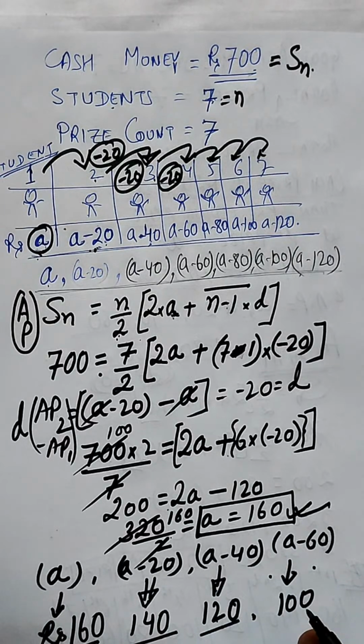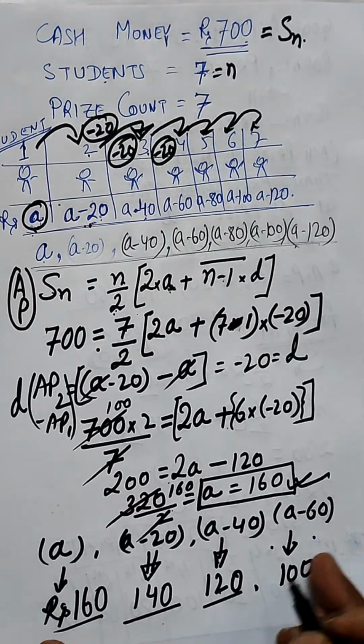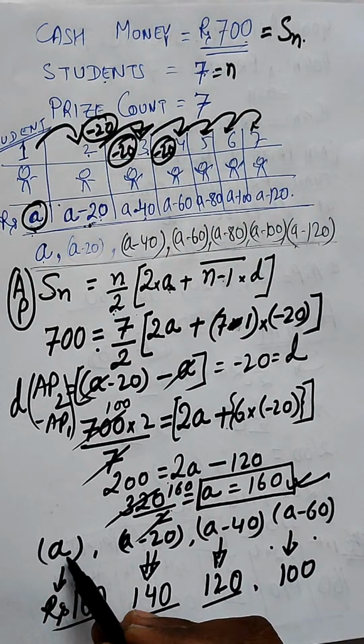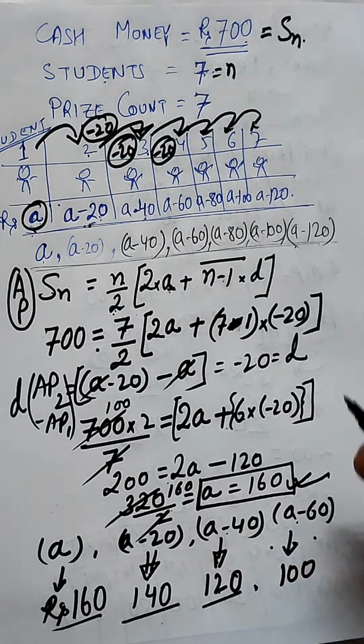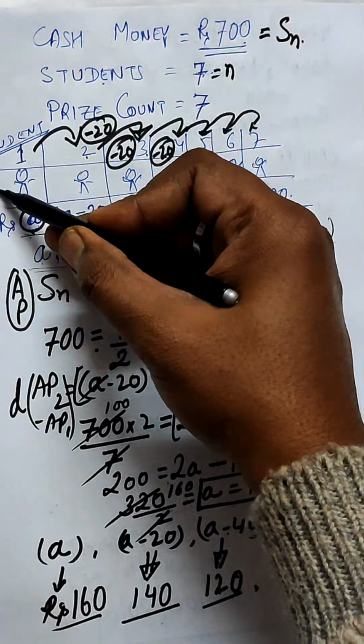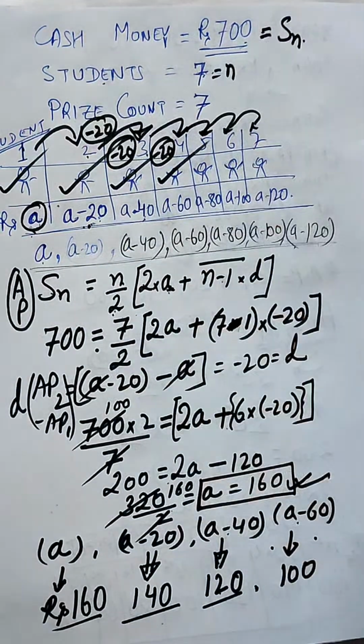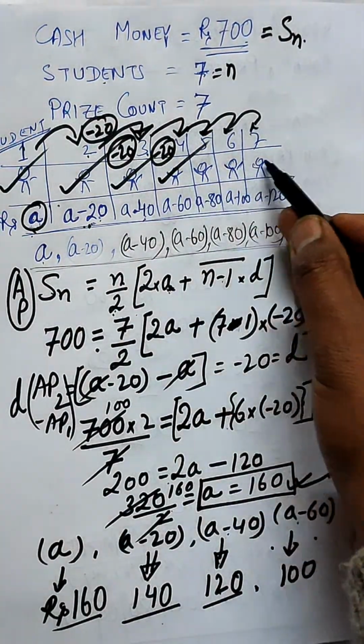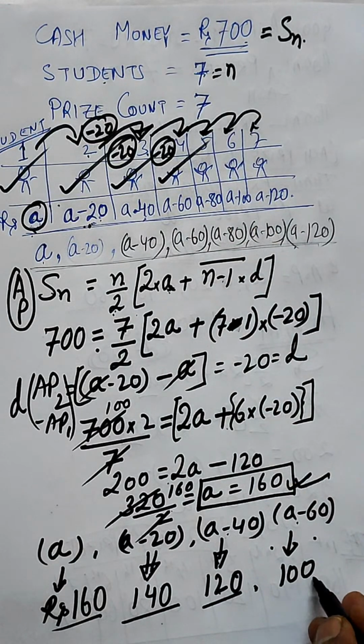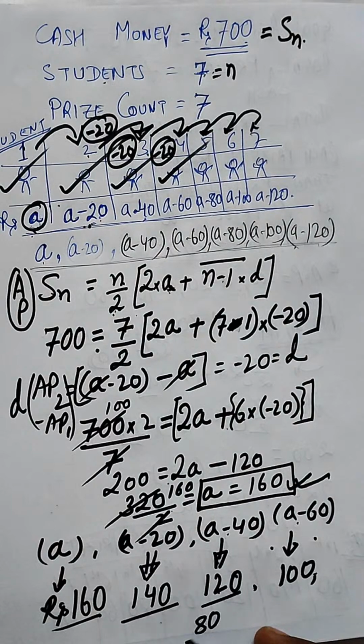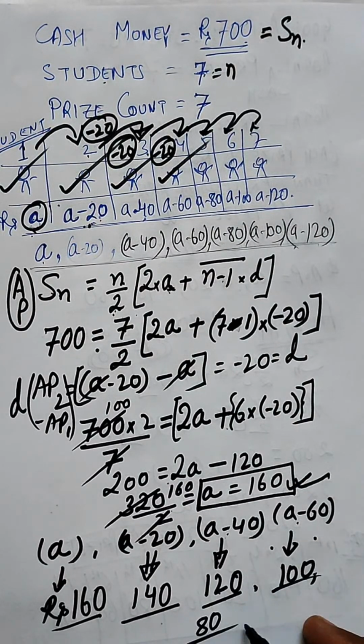And what is the balance money? Balance to students? 1, 2, 3, 4. 4 students have been covered. Student number 1, 2, 3, 4. Right? These three are left. So now reduce the values by 20 every time. After 100, it will be coming as 80.